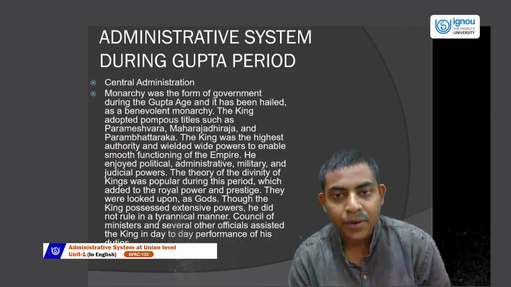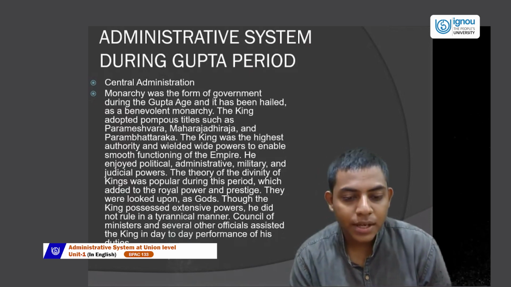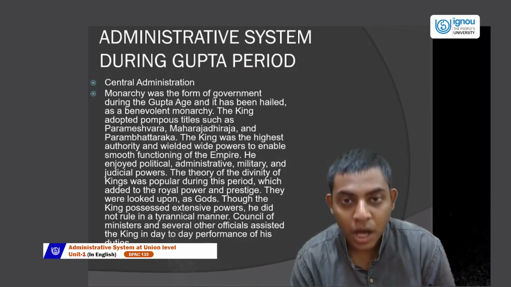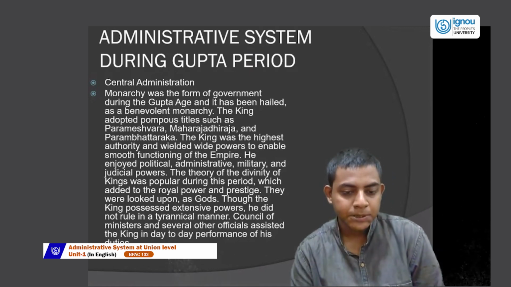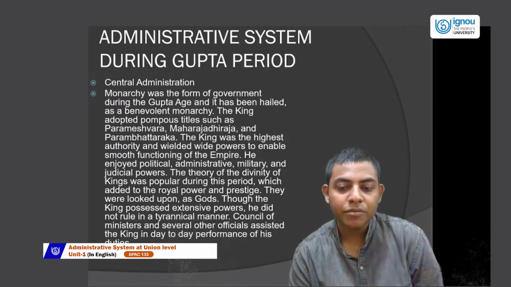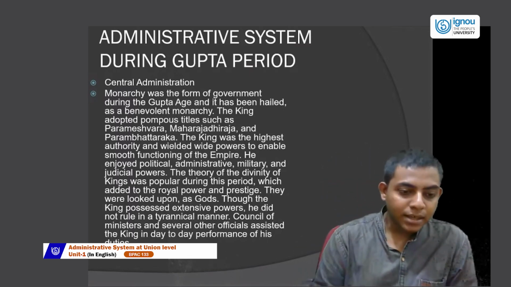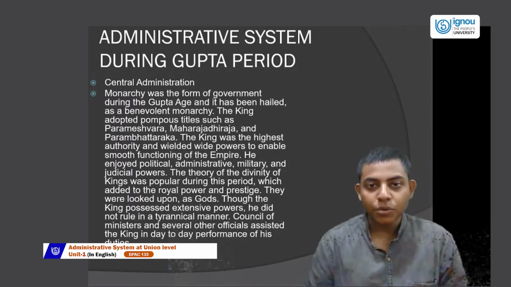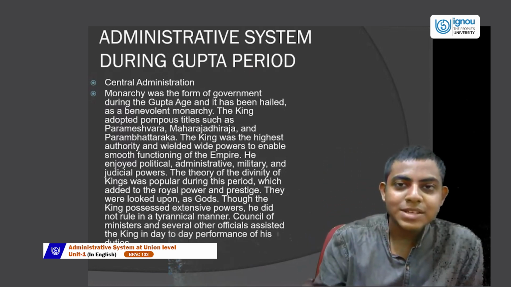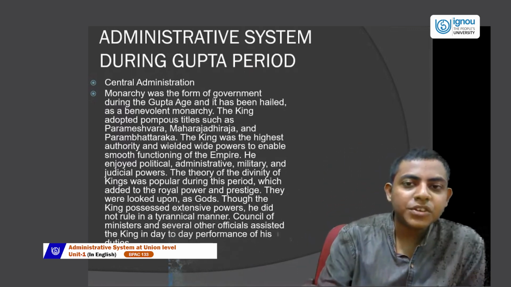However, during the Gupta period, the king did not rule in a tyrannical manner. We can call the king a benevolent monarch. The council of ministers and several other officials were there to assist the king in the day-to-day performance of his duties. So this was the institution of the king that was at the apex of the central administration during the Gupta period.